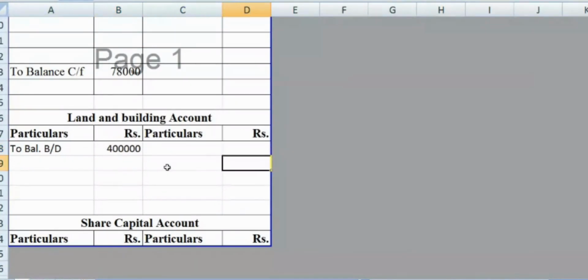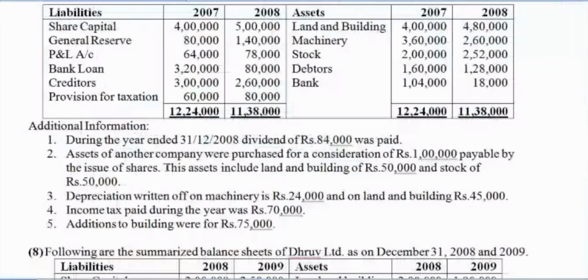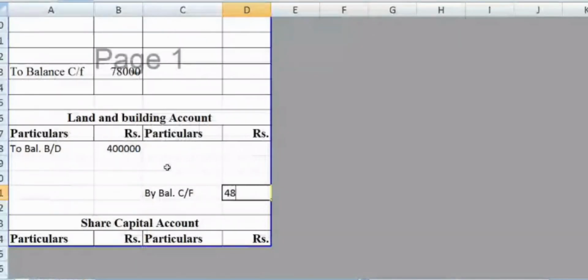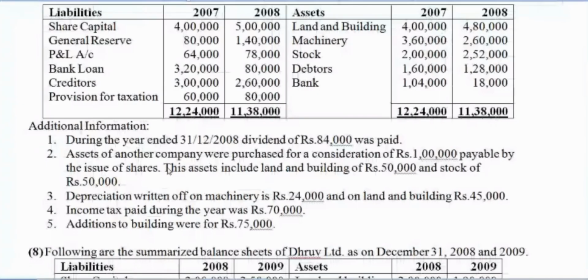And the credit side is by balance carried forward, 4,80,000. Now in the share capital account, credit side, by balance brought down, 4 lakh.